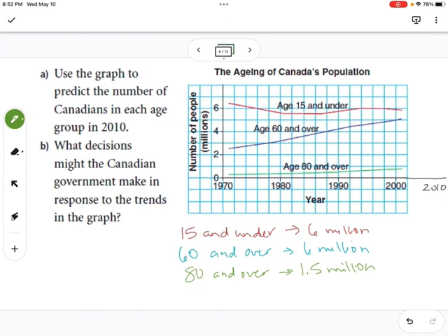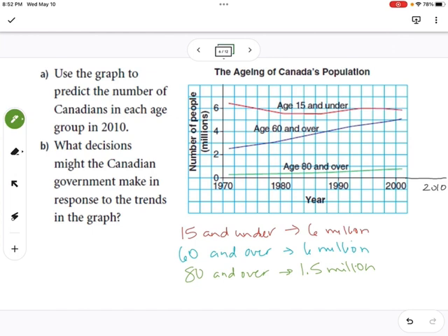Okay. What decisions might the Canadian government make in response to the trends in the graph? So we want to think about how many people there are in each age group and how that's going to affect the world.